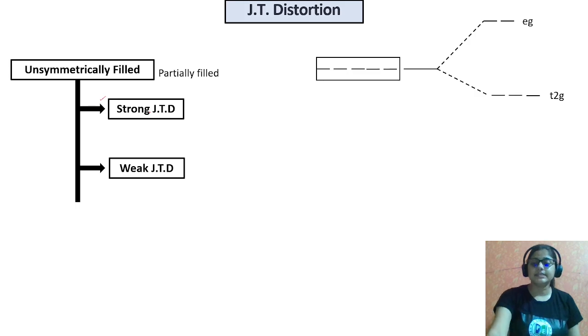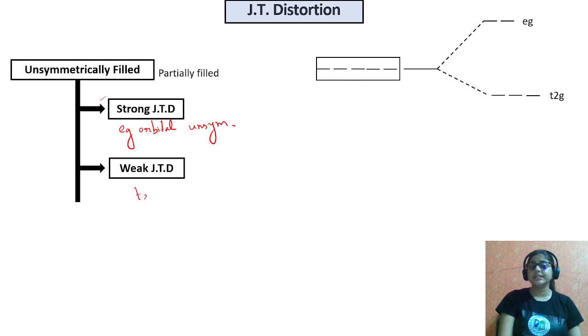So how can we say which one is strong and which is weak? It is told that whenever the EG orbital is unsymmetrically filled, it is strong, and for the case of weak JTD, the T2G orbital is unsymmetrically filled.